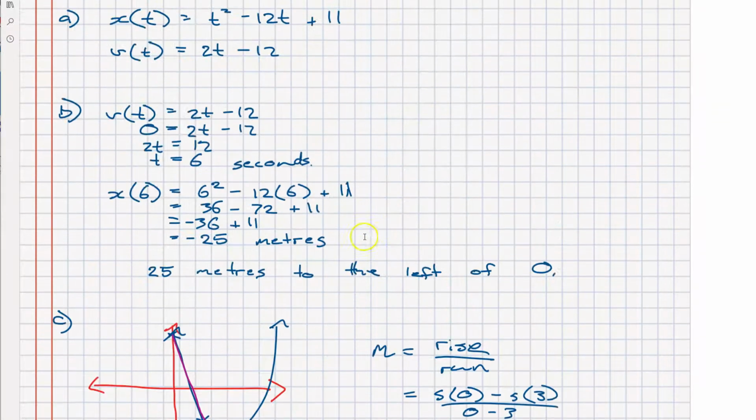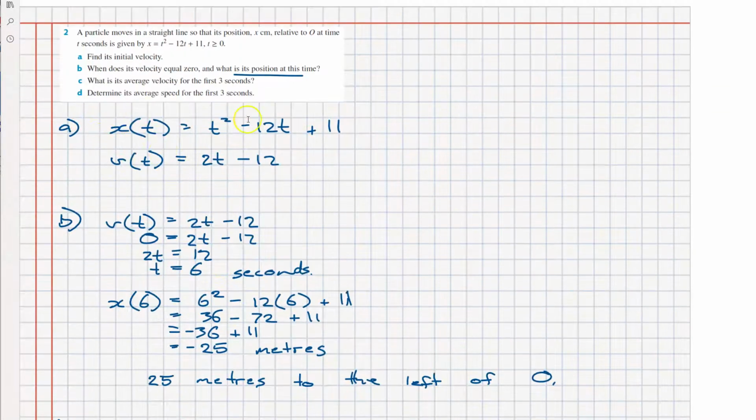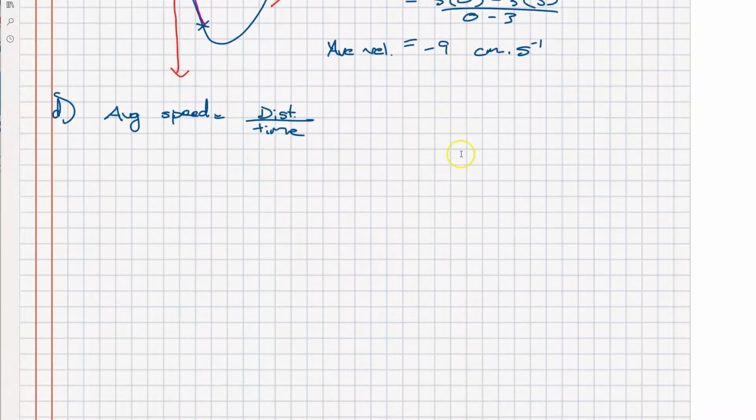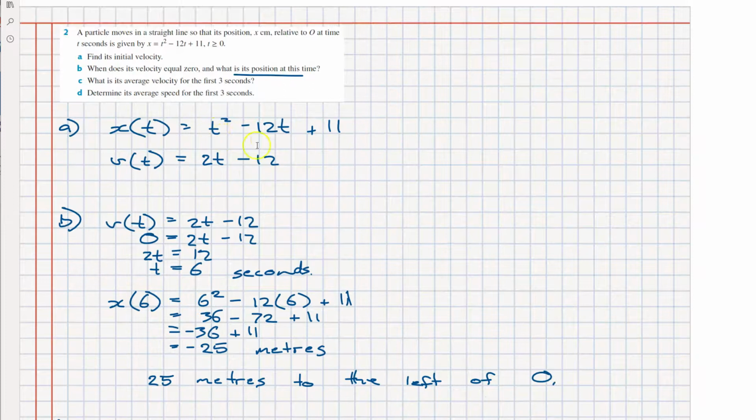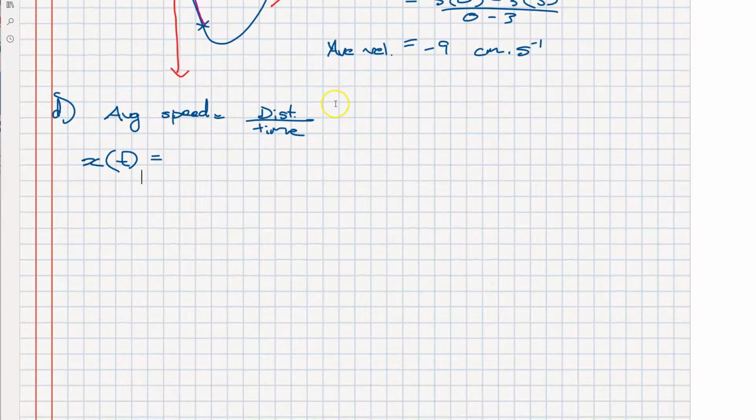Now you might be tempted to simply calculate the displacement of the particle at 3 seconds, but the downside is that if you do this, then you're going to get its displacement from the origin and not necessarily the distance it's traveled over that point in time. What I mean by that is x of t is defined as t squared minus 12t plus 11.